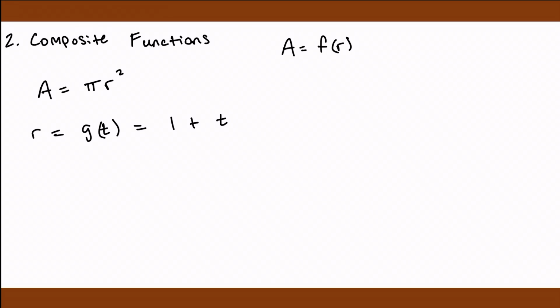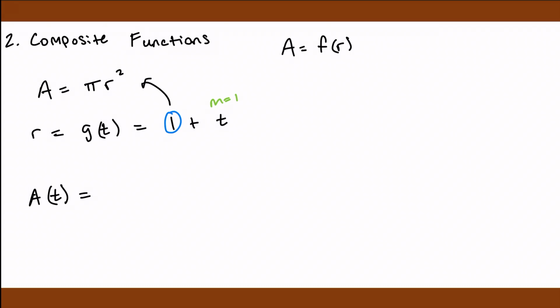This is the y-intercept, and the slope is m equals 1. But now, let's say, well, I know that A depends on r, the radius, but if the radius depends on time and A depends on the radius, A must also depend on time. So we could say a new function, A of t, that's not so new, even though it seems like it. Well, if r is equal to 1 plus t, let's just shove it in.